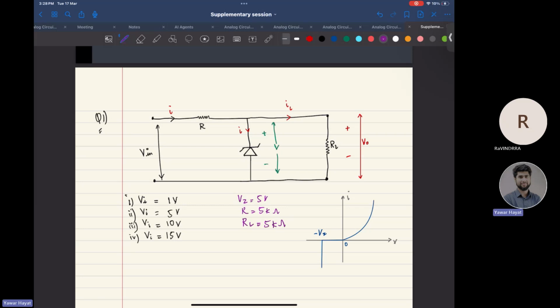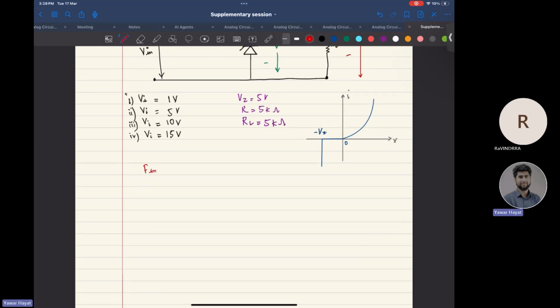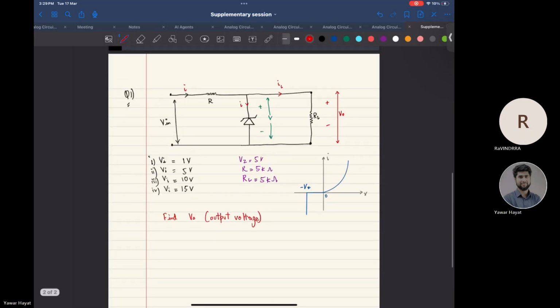Okay. And you are required to compute the output voltage. You need to find VO, the output voltage. How would you proceed on this one?